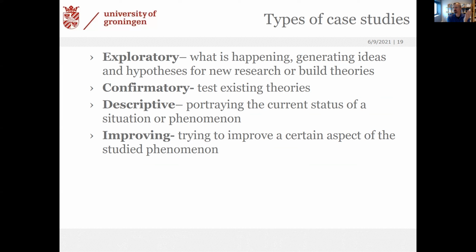So you're just trying to describe how a particular phenomenon works, what really happens there. And finally, the improving case study is when you try to improve some part of the phenomenon that you're studying. So, for example, that decision-making is a bit biased, and you're trying to say, okay, maybe we can find a way to mitigate this bias to some extent.